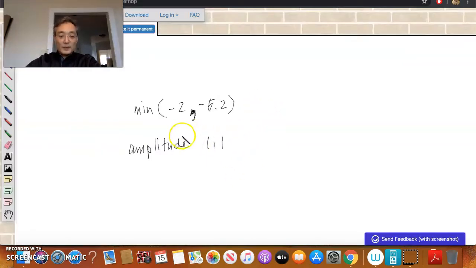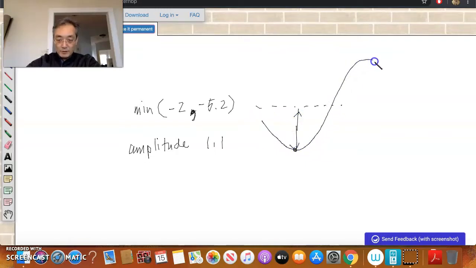Okay, so again, this is the minimum point, right? Here's the midline. A graph may look something like this, correct? So here's our max, here's our min, okay? Here's our amplitude, correct?